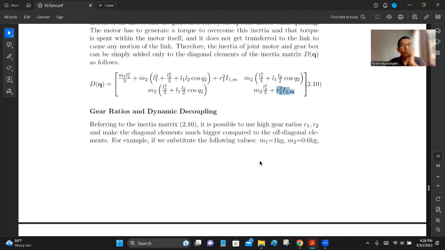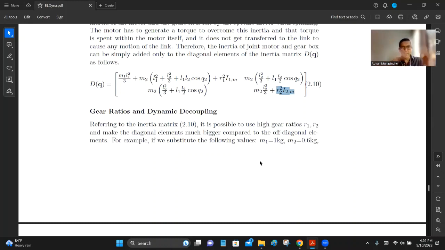Now, can we use this concept as a smart design concept when designing manipulators, and make the controls a bit easier? Yes, it is possible, and we call it dynamic decoupling. You already saw the inertia matrix is coupled.